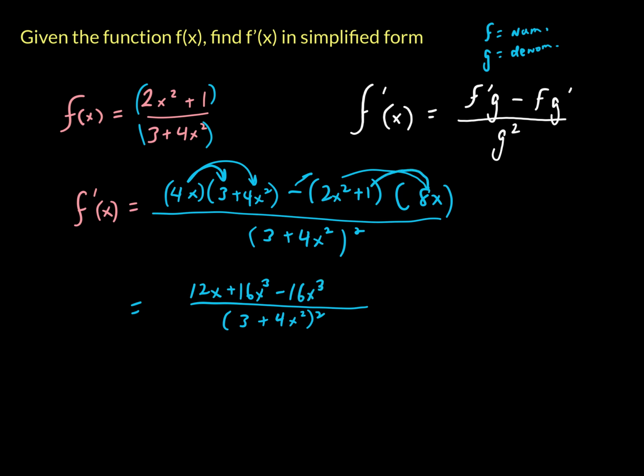Now we do this one. 1 times 8x is 8x, but there's a negative. It's negative 8x. Let's combine our like terms. These two cancel. Look at that. We have a 12x minus an 8x. That's 4x. Is there anything else we can do? I don't think so. I'm going to say that's our final answer.